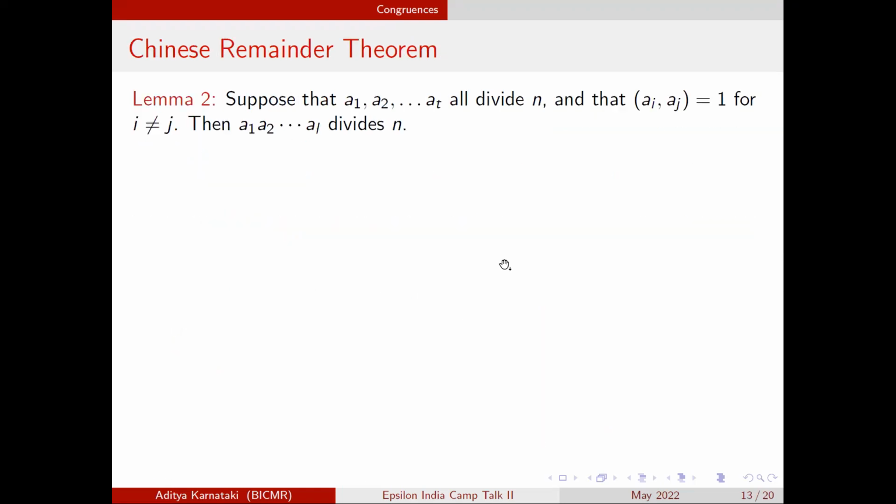Now we go to the other end. Say there are T numbers given to you, A1, A2, up to AT, and they all divide N, but such that they are relatively prime to each other. Then their product divides N still.